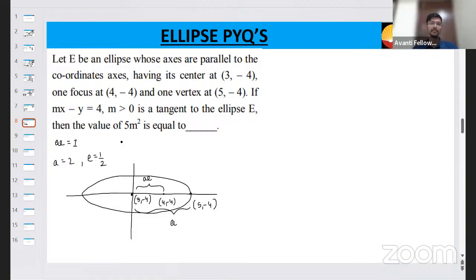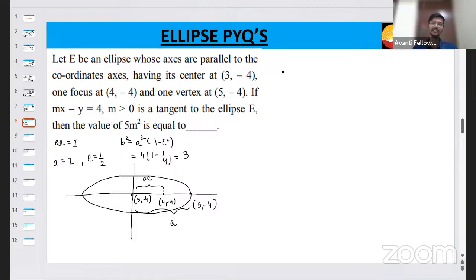Right? And we know that b² = a²(1 − e²). So 4 into (1 − 1/4), which is 4 into 3/4, which is 3. So 3 is b².